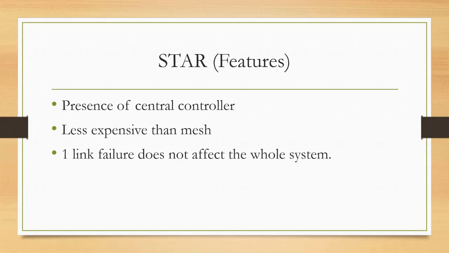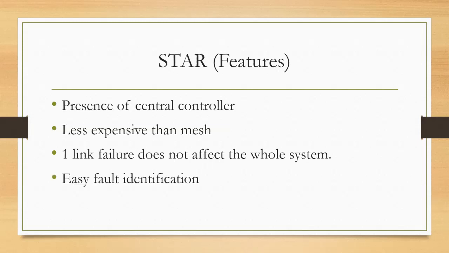One link failure does not affect the whole system because, again, the stations are independently connected to the hub. The only disadvantage is if the central controller fails, then the whole system is going to crash.